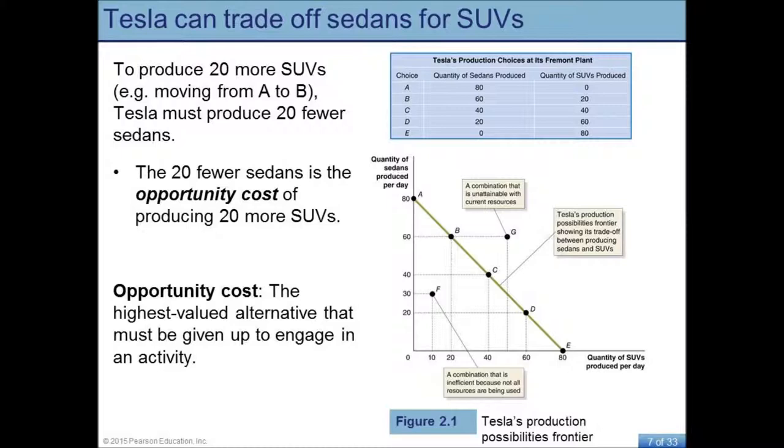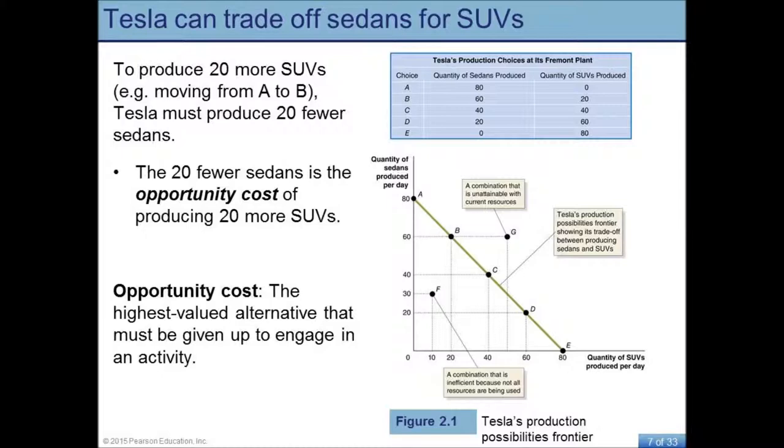So the 20 fewer sedans is the opportunity cost of producing more SUVs. And remember that our opportunity cost is our highest valued alternative that must be given up to engage in an activity. Now this is assuming, of course, that our opportunity cost is constant. It's not going to always be constant.